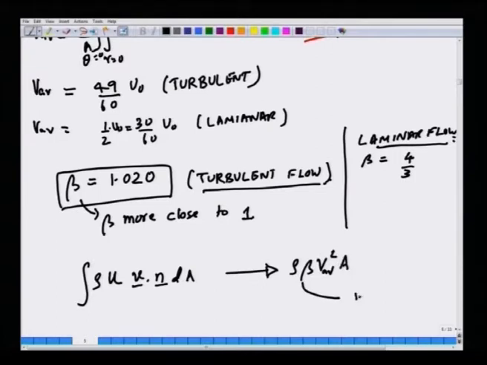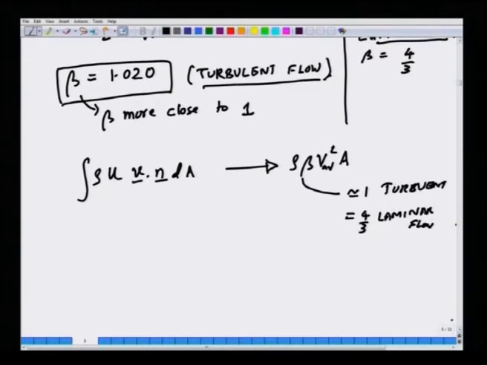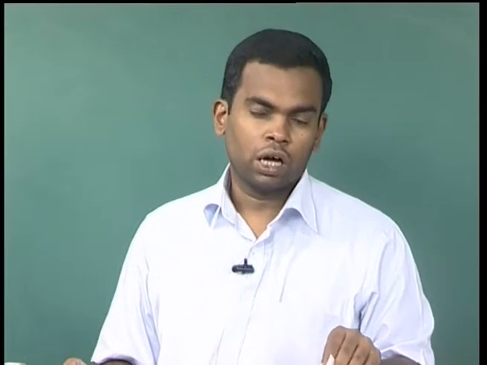So, we can use beta approximately 1 for turbulent flow, and beta exactly equal to 4 by 3 for laminar flow. Okay. So, this is the advantage of using the momentum correction factor whenever you have internal flow through conduits such as pipes and so on.